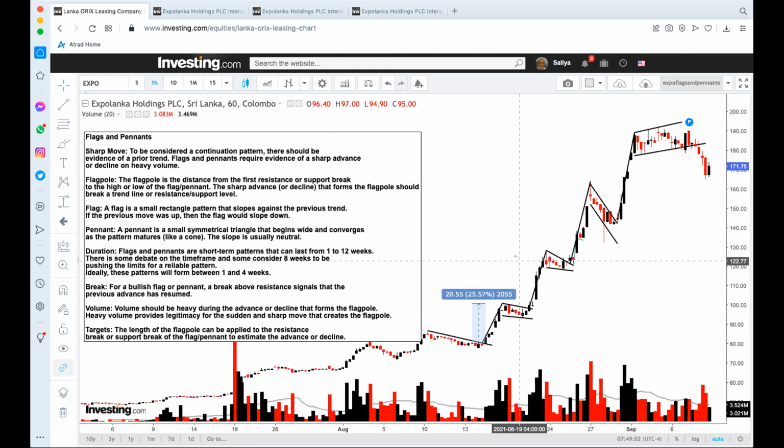So if you can learn this the right way, apply it in good faith, right? It is not anyone else but we who are going to rejoice. So those are the three or the four types of chart patterns we have for you today.